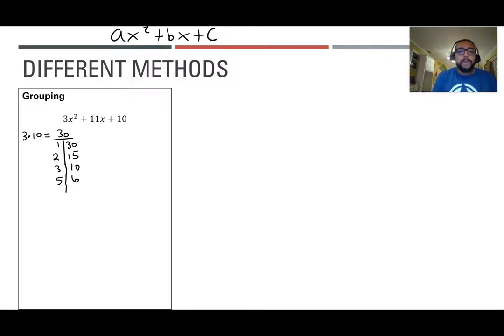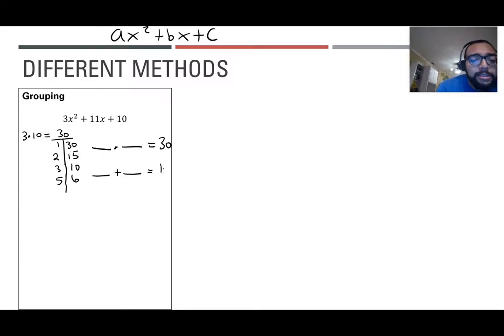Step 1, multiply a times c. Step 2, find those factors. Step 3, it's going to look similar. Okay, it will look very similar. Find 2 numbers such that when you multiply, it gets you 30, and 2 numbers that when you add, it gets you 11.